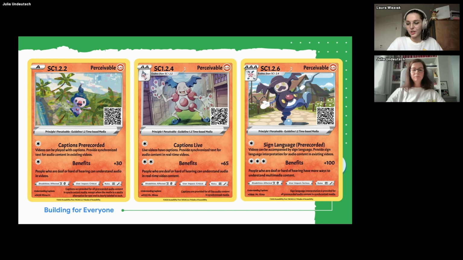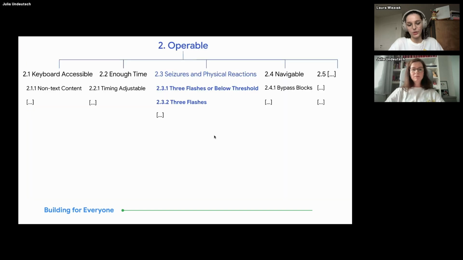All right, so the next one for Operable. Let's focus on seizures and physical reactions for this one, because if you watched Pokemon in the early days, you may remember that infamous Pokemon episode of Porygon, the computer warrior, which caused seizures because of a specific animation technique for Pikachu's Thunderbolt.